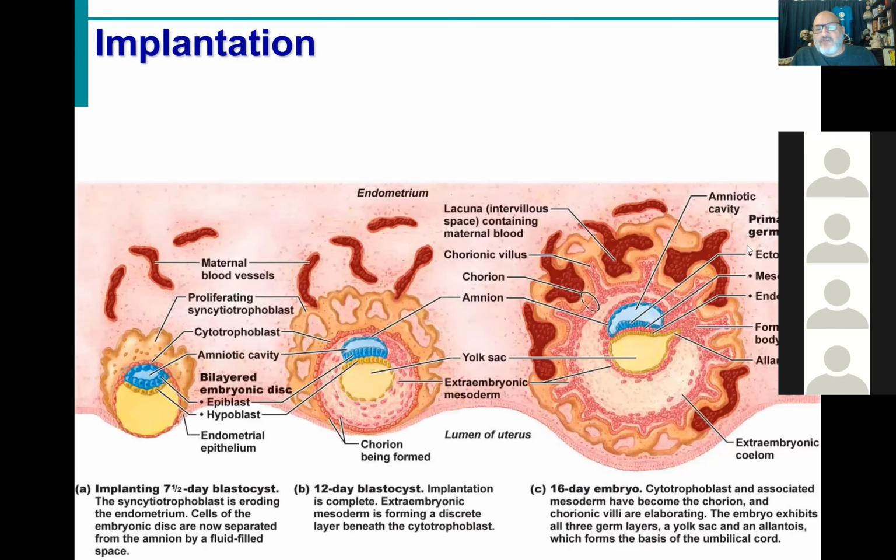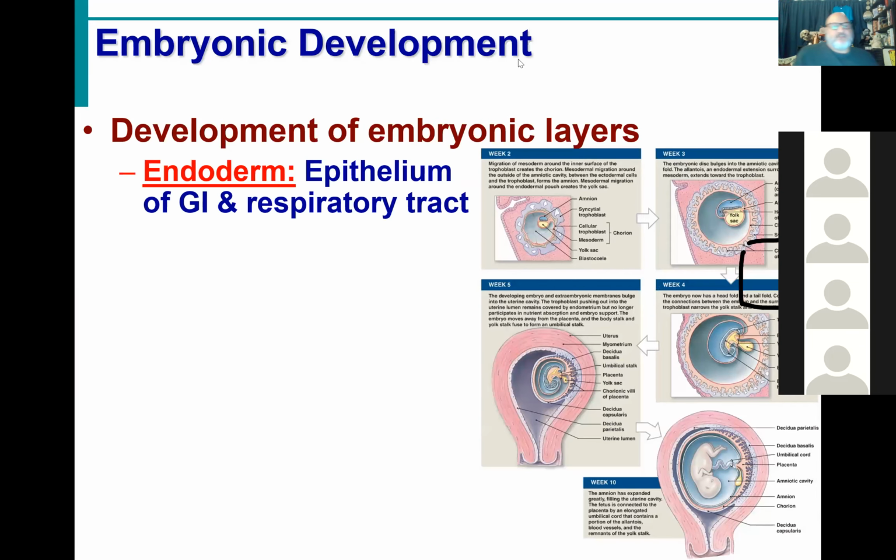Now, as you can see nicely from this last illustration, as that inner cell mass grows, it forms 3 distinct layers of cells, what are known as the germinal layers. These 3 germinal layers play an important role in the development of the embryo.